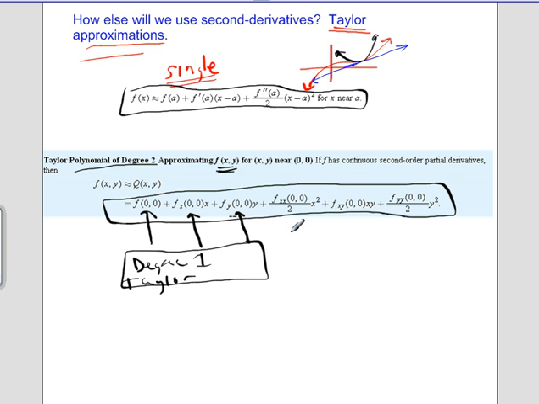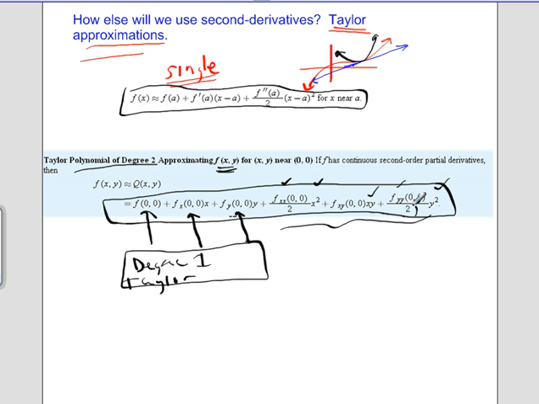But now to make it even more accurate, so that it's not just a plane, but we're creating a degree 2 equation, we add in our second derivative with respect to x times x squared, plus f partial xy times xy, plus f partial yy times y squared.